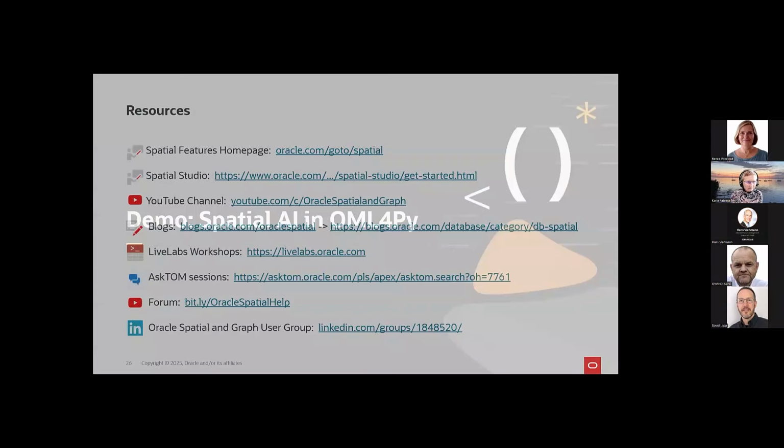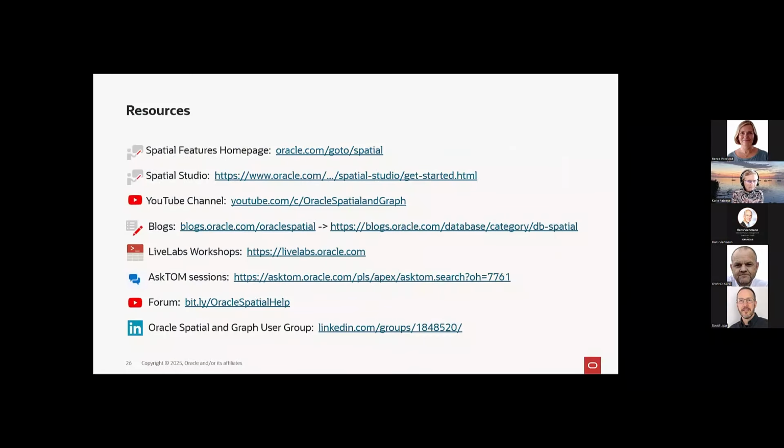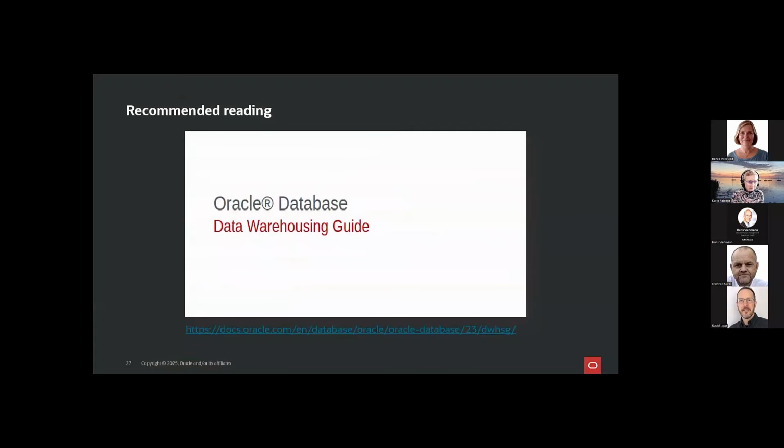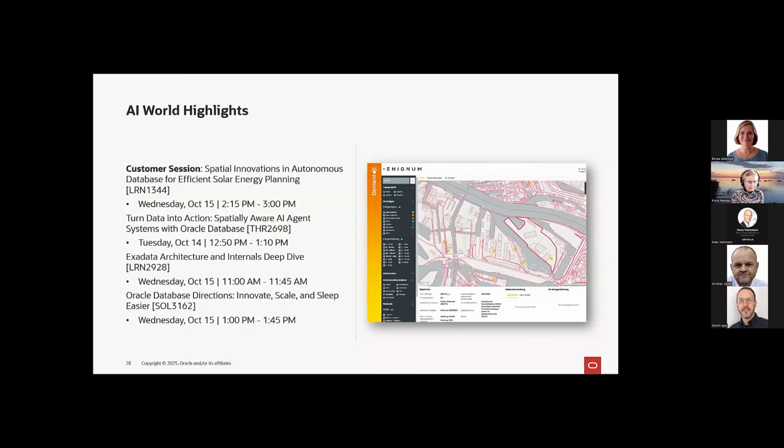And then maybe just to wrap up, here's the usual list of resources. I was mentioning the data warehousing guide in particular. Here's the link. And if anybody has the opportunity to go to AI World, here's a set of spatial sessions, and I wanted to highlight three things. One, we have a customer session with our VP of Development, Shiva Ravada, who will be talking about what's new and what's next in spatial, and they'll show how they use the platform for solar energy planning.